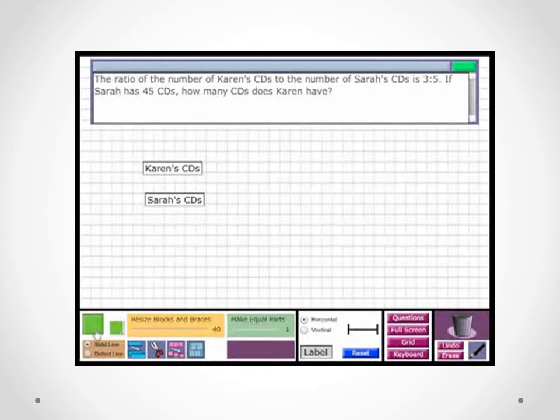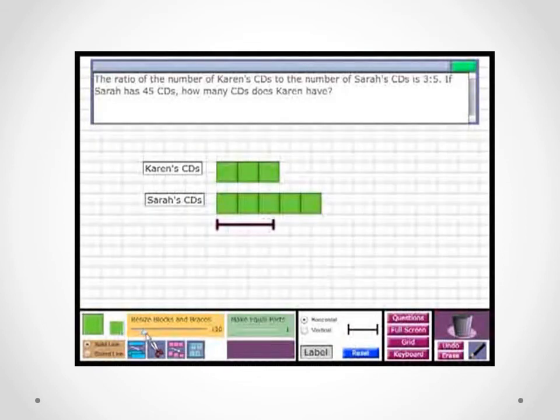We can represent that ratio by giving 3 blocks to Karen and 5 blocks to Sarah. We know that Sarah has 45 CDs. So the 5 blocks that we've given to Sarah really represents 45.